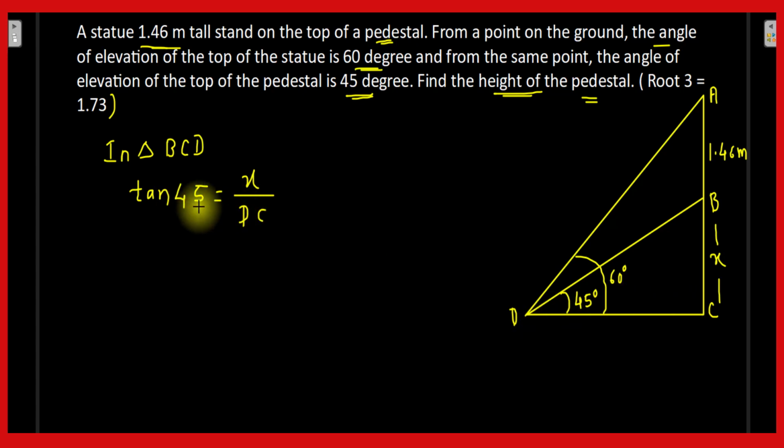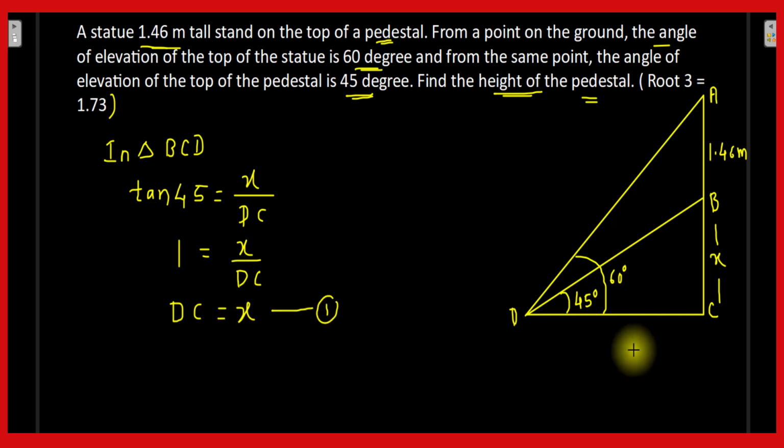And friends, here tan 45, its value is 1, so 1 is equal to x upon DC, and therefore multiply by DC, it will be DC is equal to x. Let this be number 1. Here the DC length we have got as x.